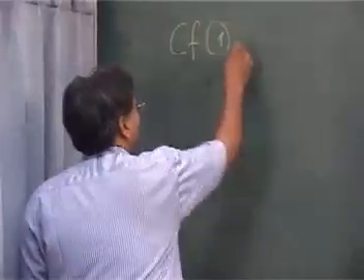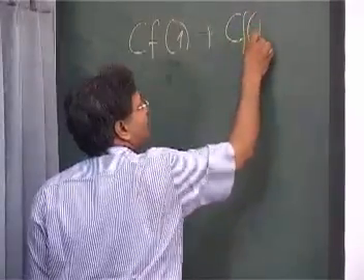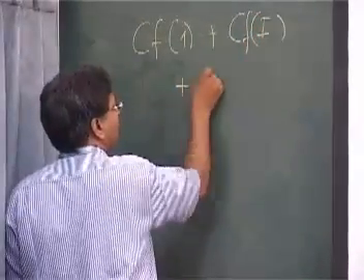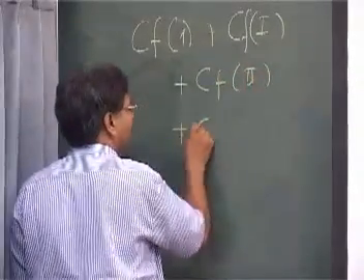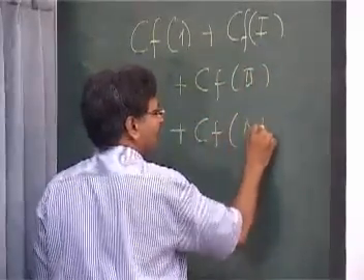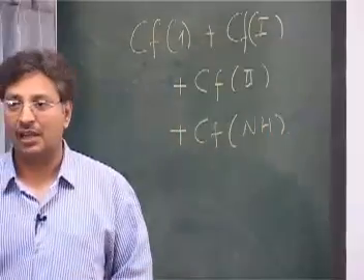So: cost function for area source 1, plus cost function for area source 2, plus cost function for the national highway. That may even include realigning the highway.